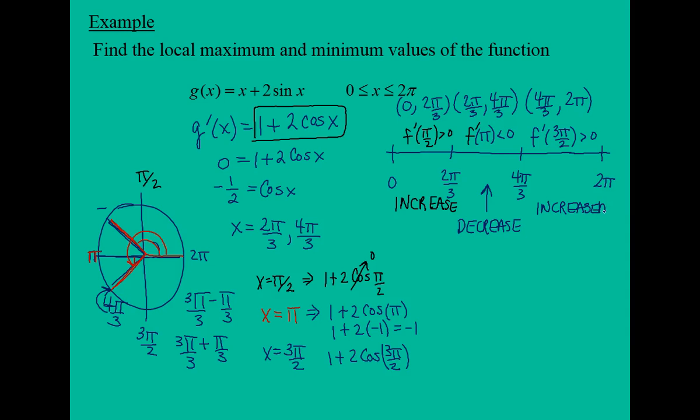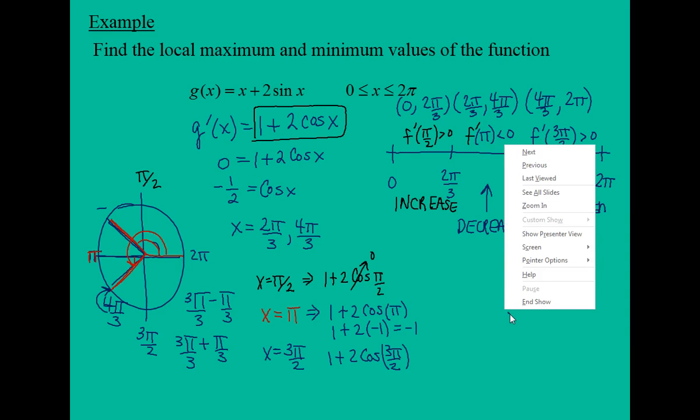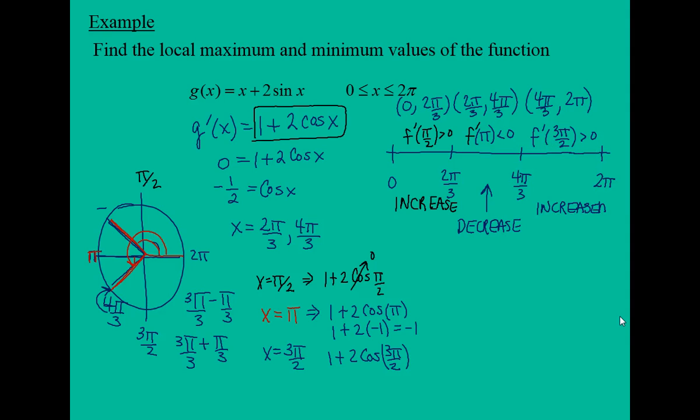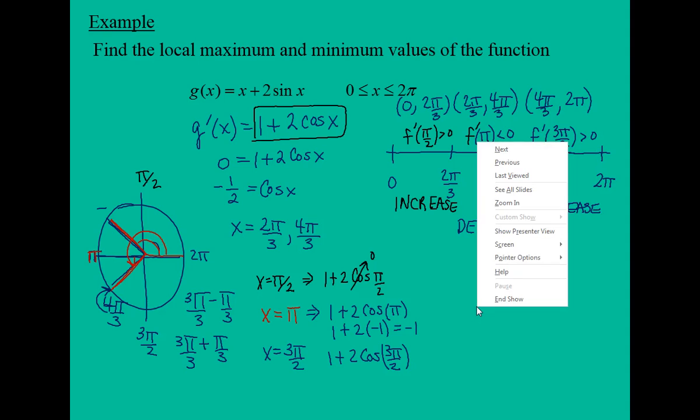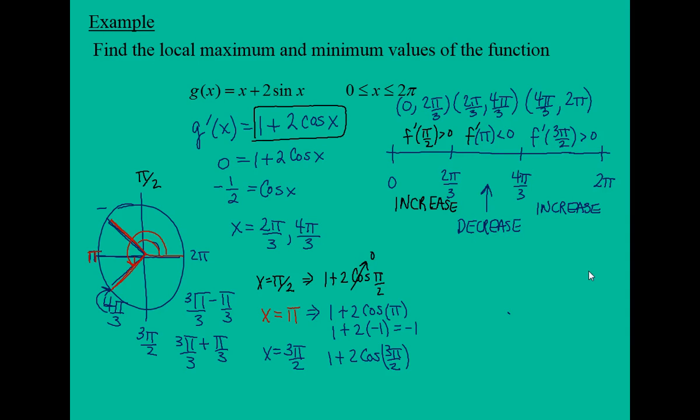So we have determined where this function is increasing and where it is decreasing. We can also determine if we have any local max or mins, and that's what the question is asking us to find. Find the local maximum and minimum values of the function.